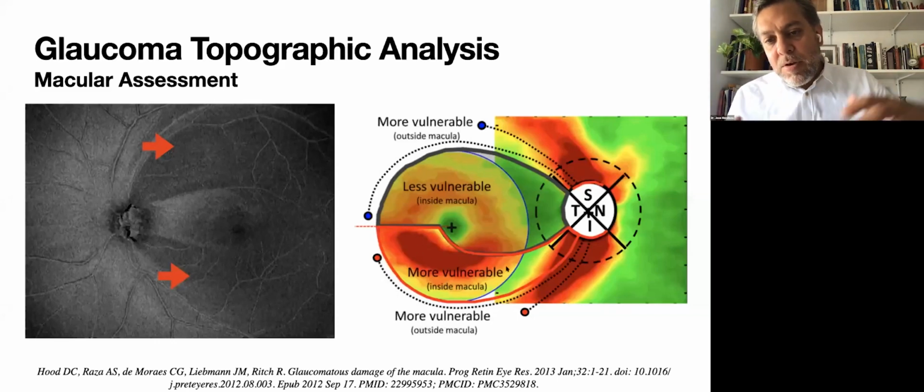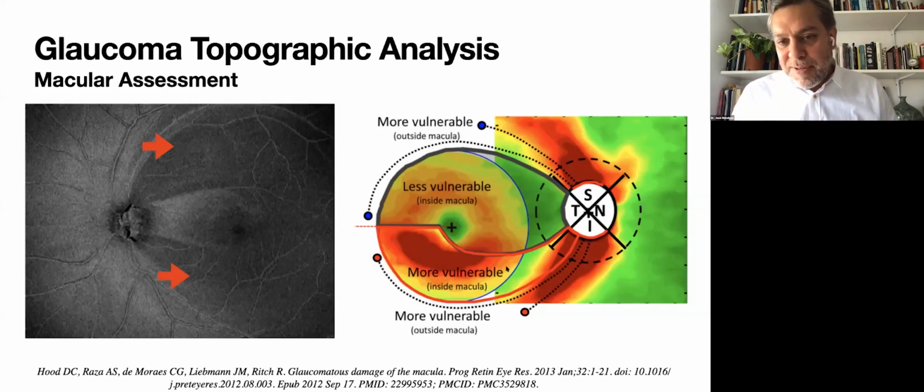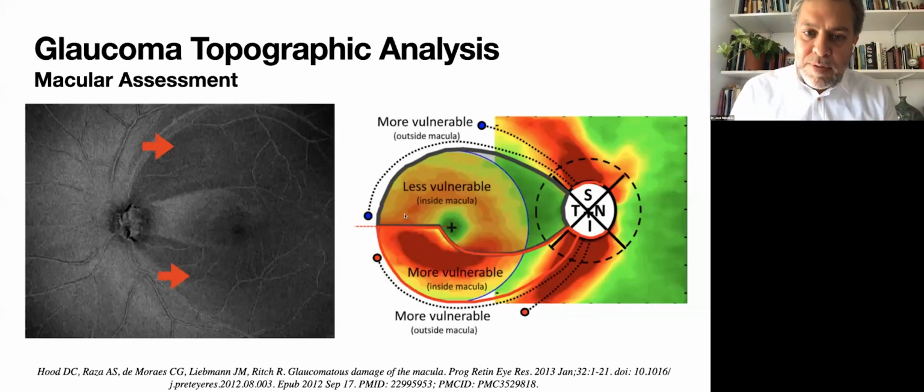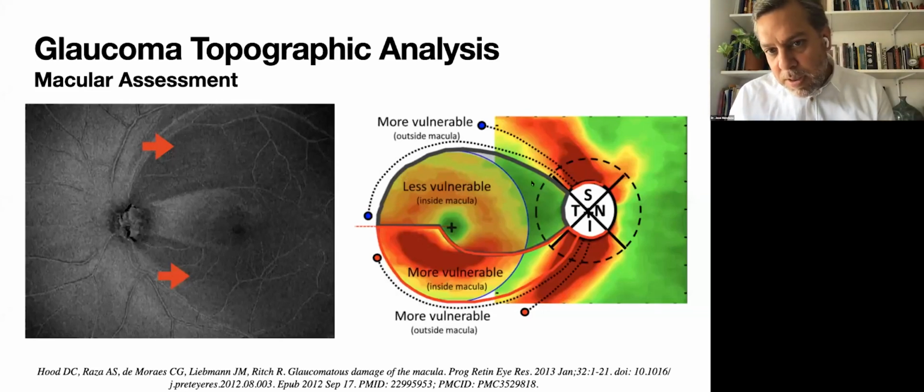All these ganglion cells will be like trying to go into the Tokyo Metro or the New York City Metro in rush hour. You see, there's a lot of people going through a small entrance. That's what you're seeing here: a lot of fibers going through a really small entrance. The superior part of the macula is less vulnerable because all this area will go into the temporal quadrant.